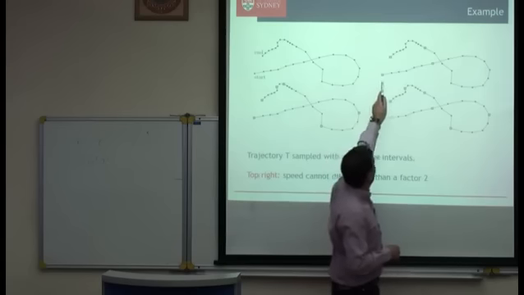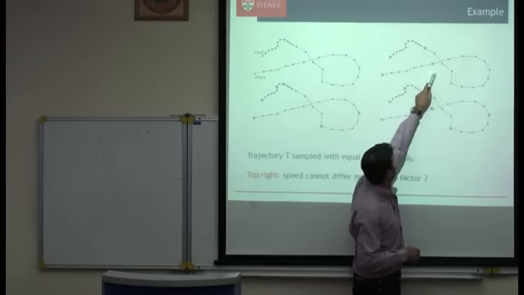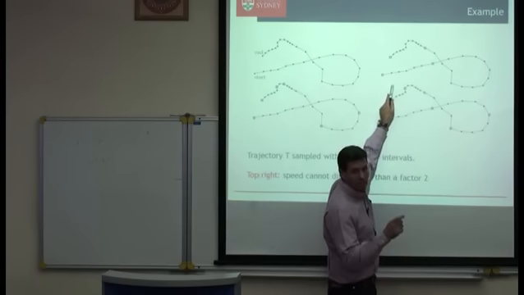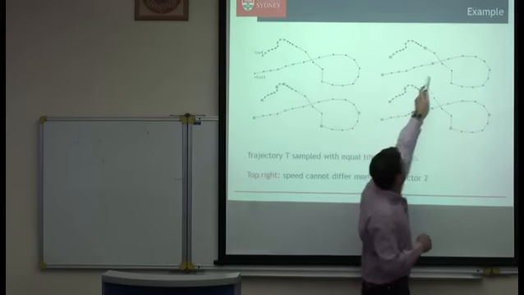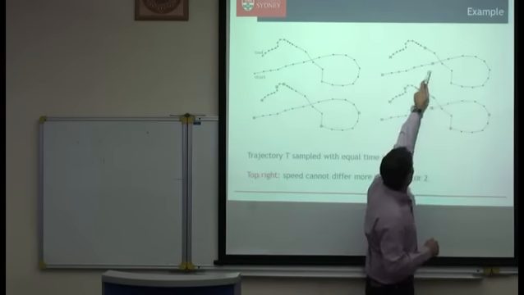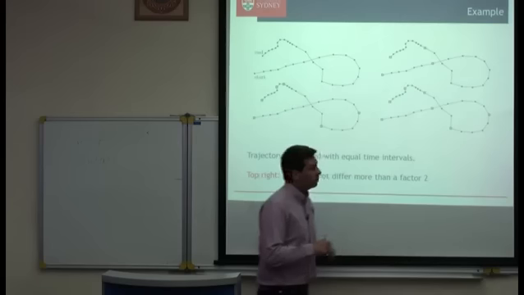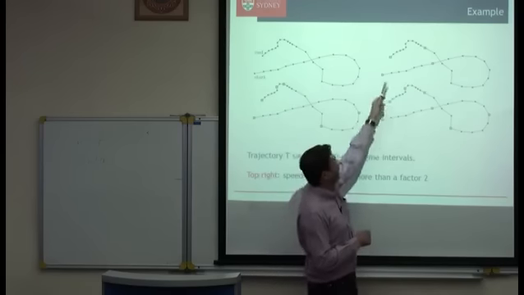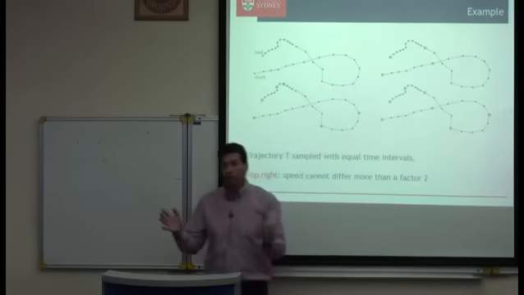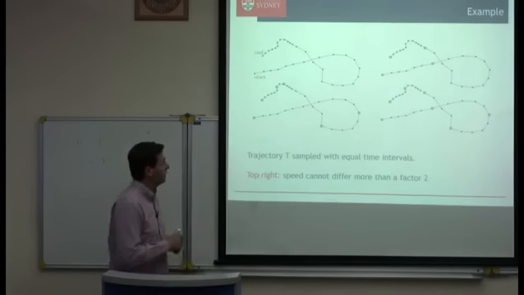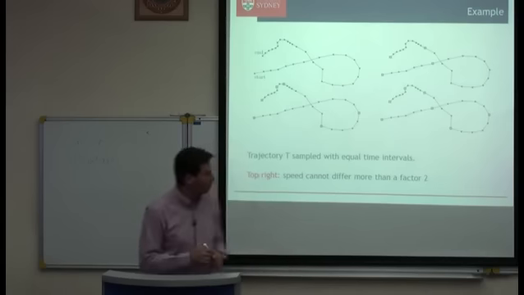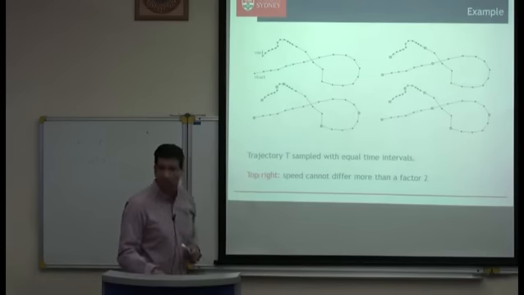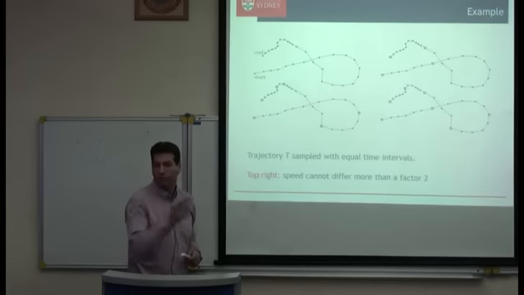Then we cut the trajectory here, and in this area all the edges are the same length, so the speed is more or less the same. Here, again, all the edges are of more or less the same length, so again we get a new sub-trajectory, a new segment, and at the end it's very slow, and we get a new sub-trajectory. So you want to find the minimum segmentation for which this holds. That's why I was talking about simplification; this is kind of related to simplification.